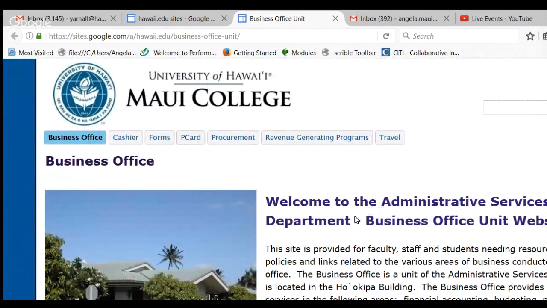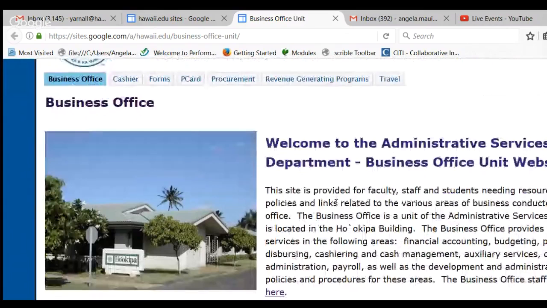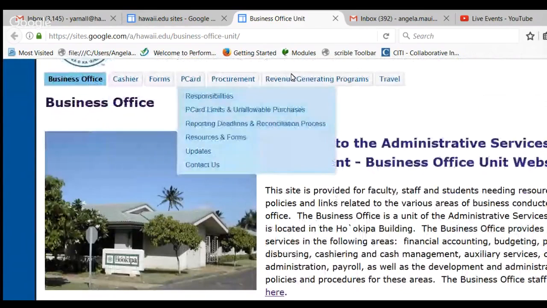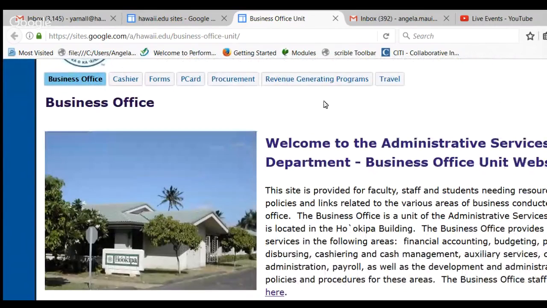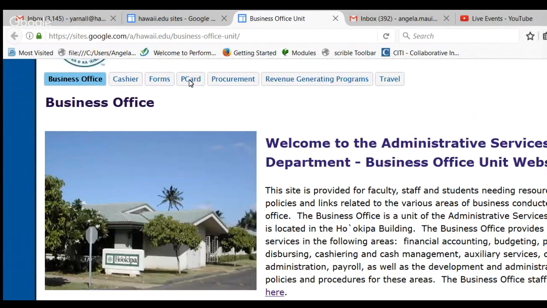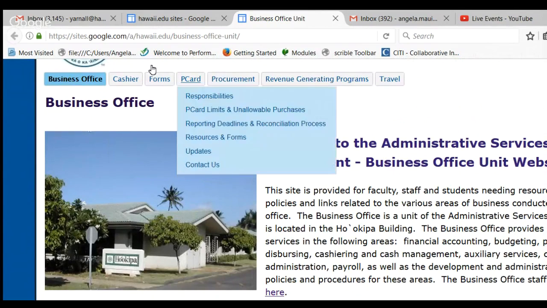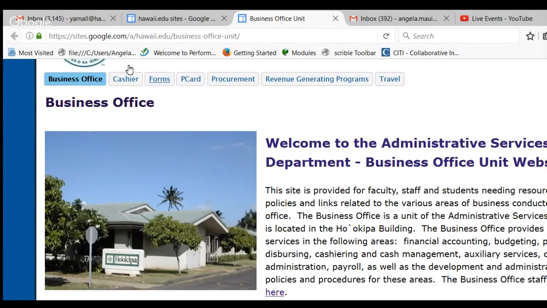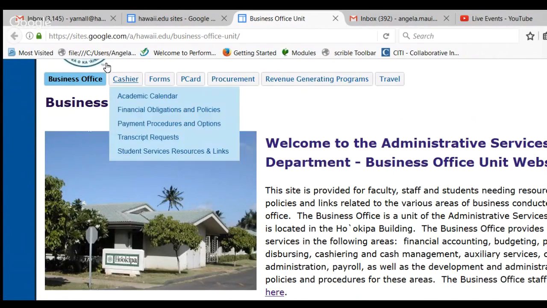The options. I'm guessing, for these, there are different topics within the business office. I know certain people who work in the business office do travel, so that would be helpful. Also P card. It looks like updates, resources, forms. Doesn't really have any training forms. Cash.